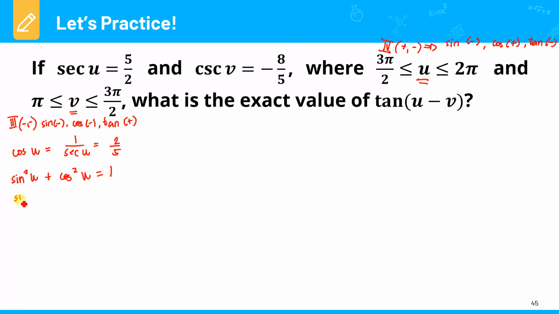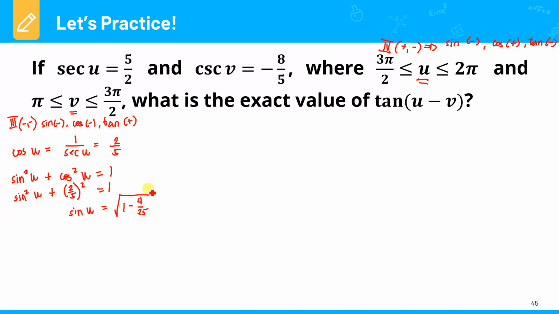So sine squared u plus 2 over 5 squared is equal to 1. So it implies that our sine u is equal to the square root of 1 minus 4 over 25.